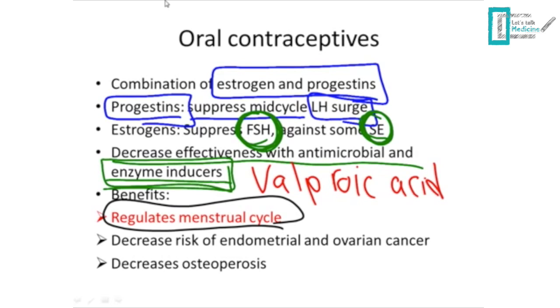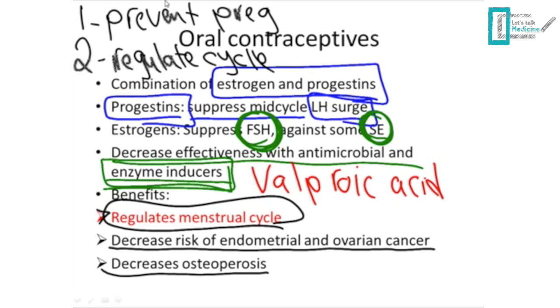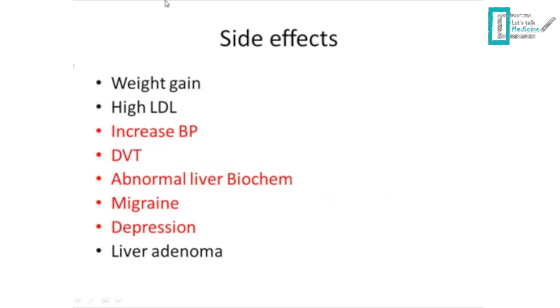Okay, and it also has a few benefits: decreased risk of endometrial and ovarian cancer, and decreased osteoporosis. But these are not as important as the two main functions of oral contraceptives: one, to prevent pregnancy, and two, what? Regulate the cycle.